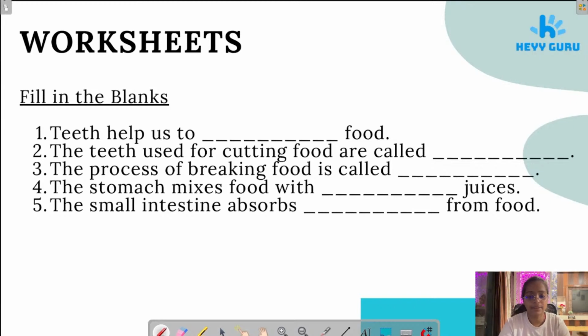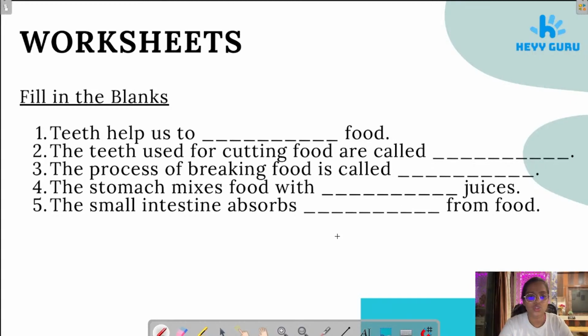Teeth help us to chew. Okay, teeth help us to chew food. Correct.